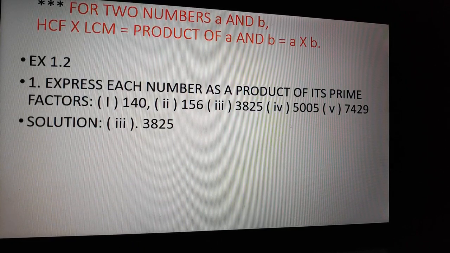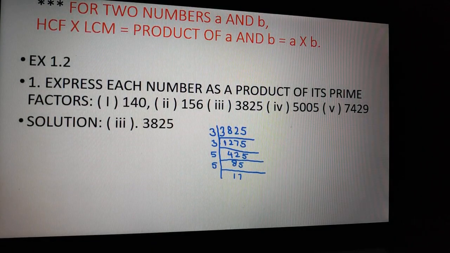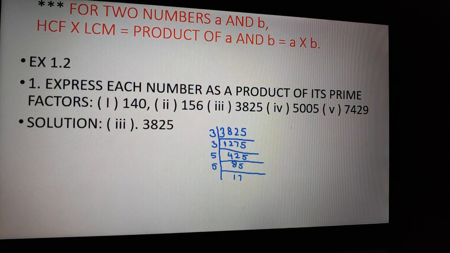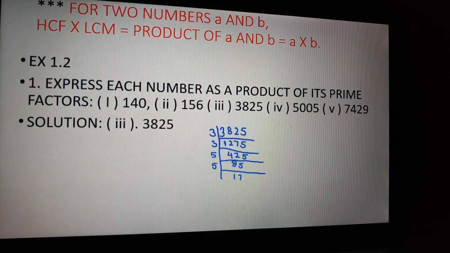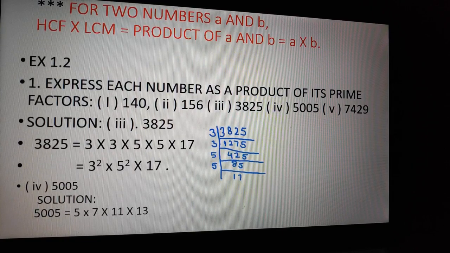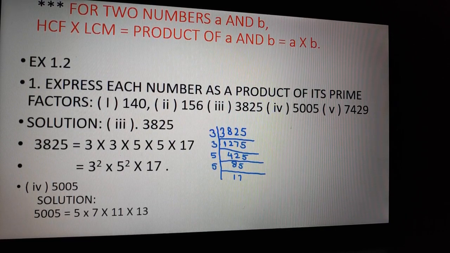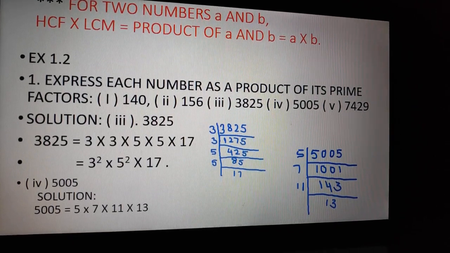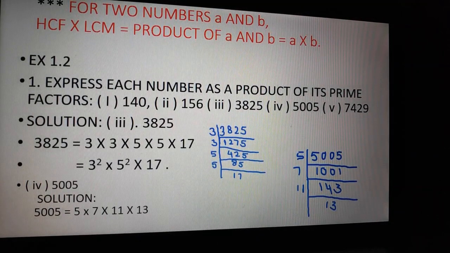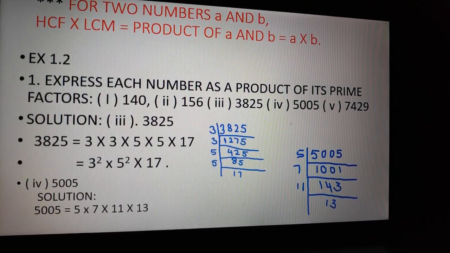The number is 3825. When we factorize as we did in lower classes, we get the factors: 3 occurs 2 times, 5 occurs 2 times, and 17. Similarly for Roman number 5, the factors are 5, 7, 11 and 13. These are the prime factors.